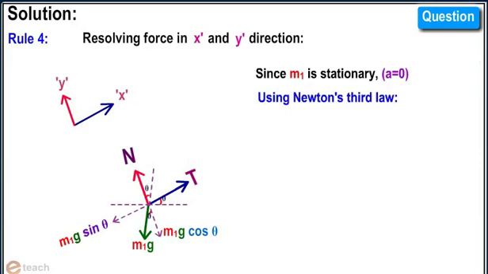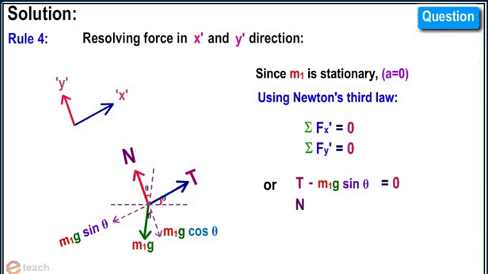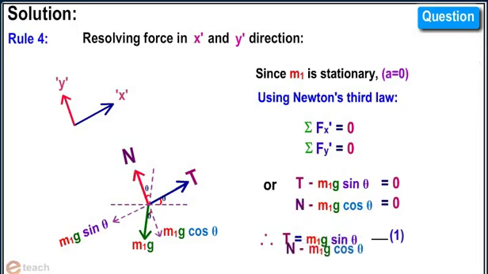Using Newton's second law of motion, sigma F x dash equals 0 and sigma F y dash equals 0, or T minus m1g sin theta equals 0 and N minus m1g cos theta equals 0. This implies T equals m1g sin theta and N equals m1g cos theta.